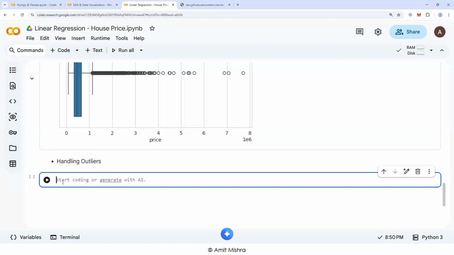We are on the handling outliers part. Let's start with it. Def.